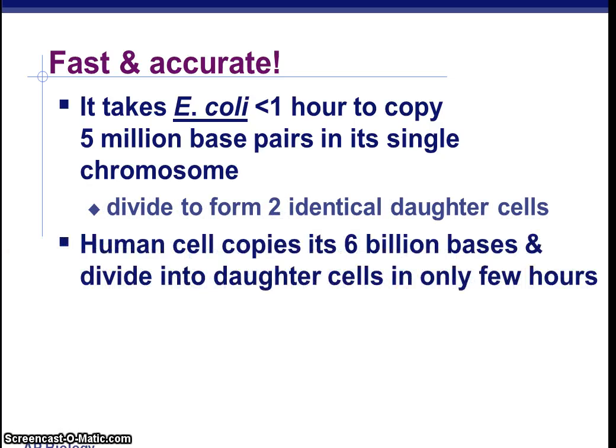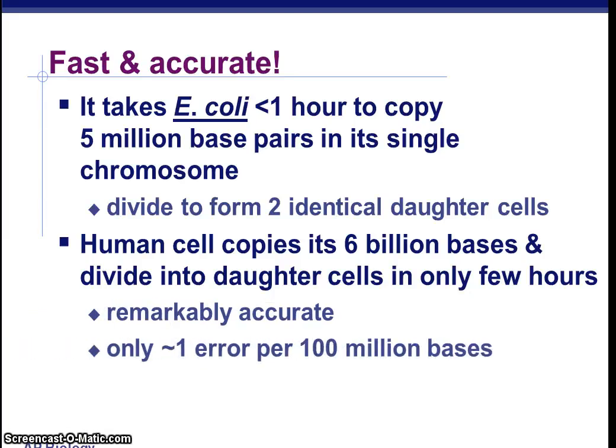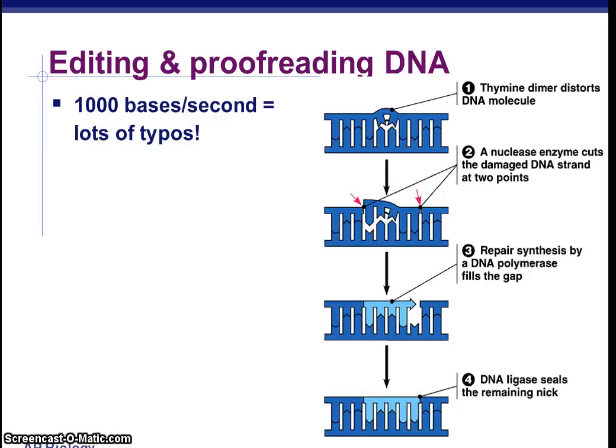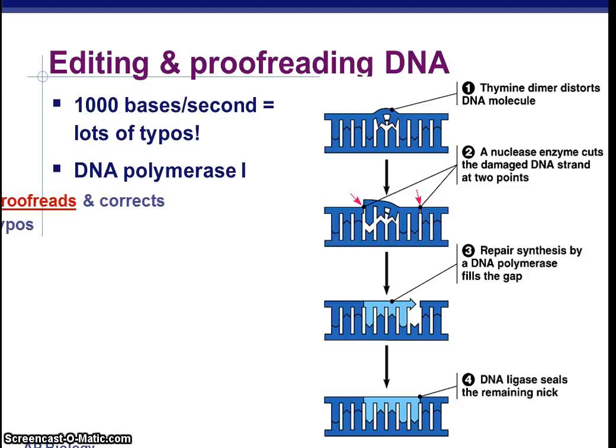It divides, has 2 identical cells. Human cells copy their 6 billion bases and divide in only a few hours. So, pretty good. And there's only about 1 error per every 100 million bases per cell cycle. Not bad. So, how do they do it? They can get a lot of typos, but polymerase 1 will actually come through and proofread.